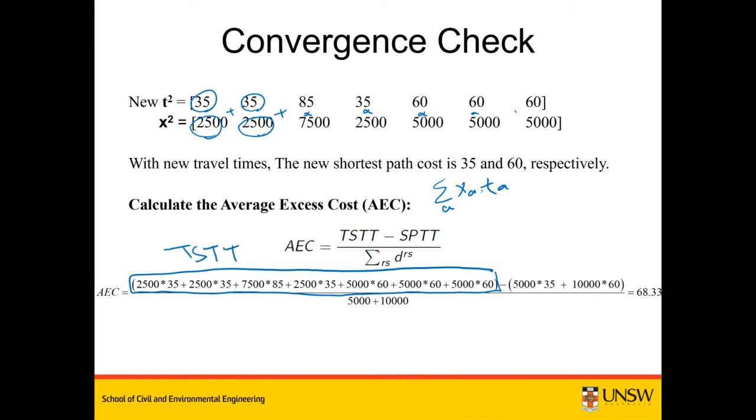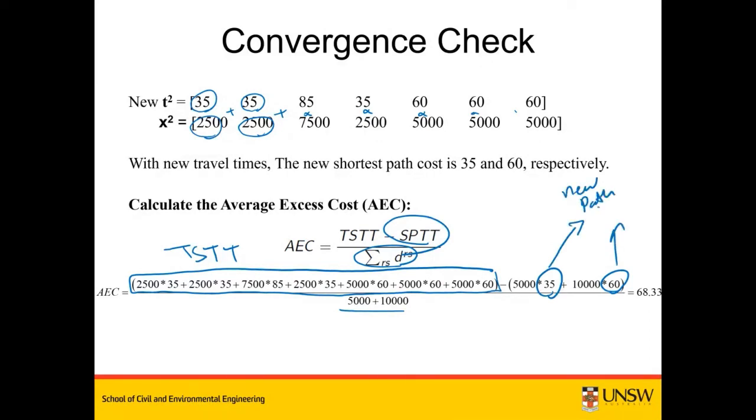The denominator is also simple. That's the total demand. So 10,000 plus 5,000. But now let's have a look at this SPTT. So the SPTT, how does it get calculated? So this 35 and 60 are the new path costs, right? So new path cost if we do all-or-nothing assignment.